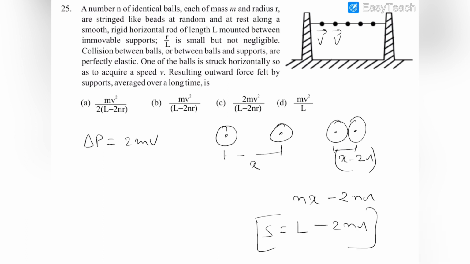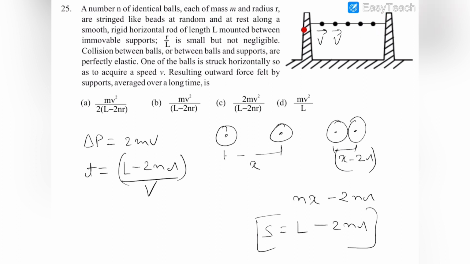Now the time taken to move this distance would be (L minus 2nr) divided by v, where v is the speed, and this is the time of a single-side journey, but we have to take the time of the complete cycle.